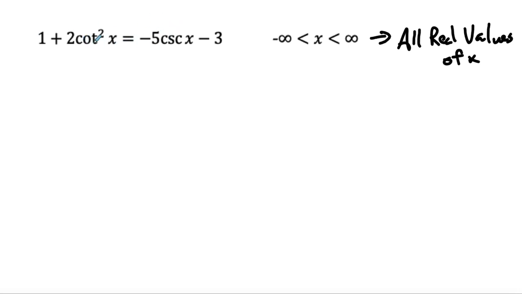Okay, so when I look at this one, right away I see, okay, I got cosecant and I got cotangent. So there is a Pythagorean identity that is going to come in handy here. And that is that 1 plus cotangent squared x is equal to cosecant squared x.